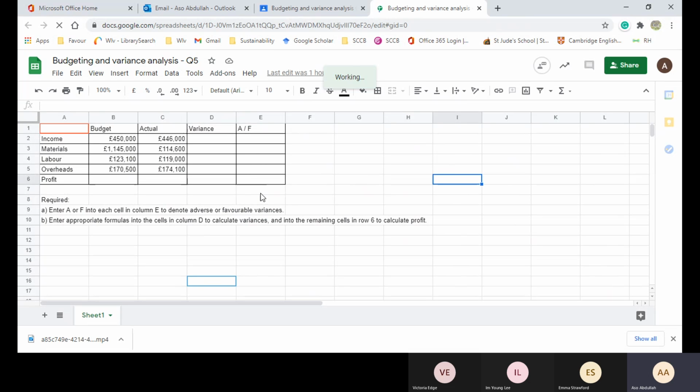This is what we need to do. For example, we have two requirements, A and B. For A, it says enter A or F in each cell in column E.